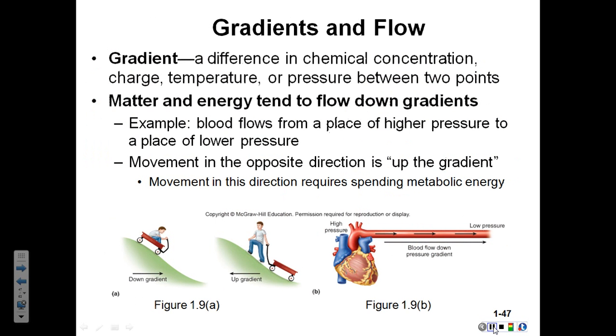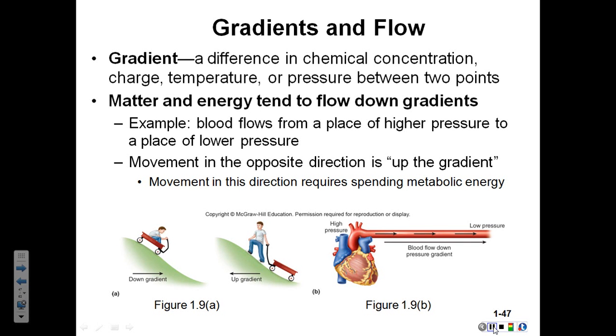All right. So we talked about matter and energy and a gradient. So gradient means the flow of energy from high to what? Low. Movement in the opposite direction, either go down the hill or what? Which one requires more energy, going down or going up?